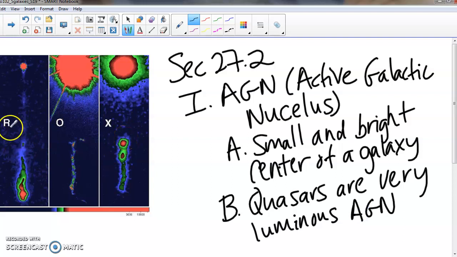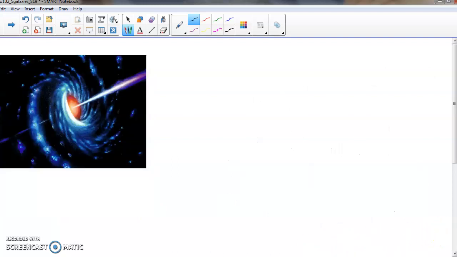The letters are radio, optical, or X-ray. So they have different features. It looks like they have some kind of jet, different brightnesses. So there's a lot to explain our various observations here, trying to figure out what's going on. So let's just talk about that. What do they look like?